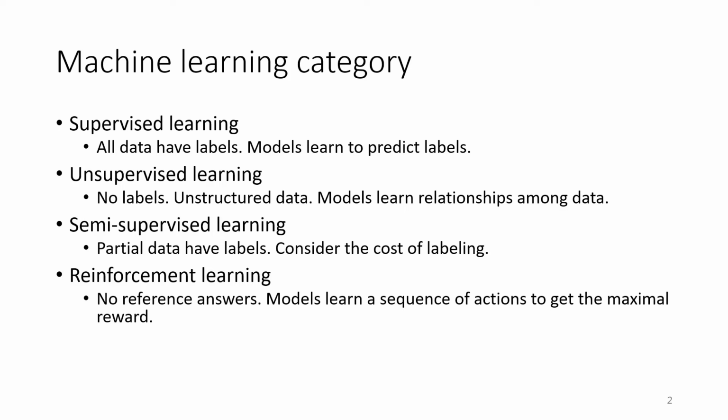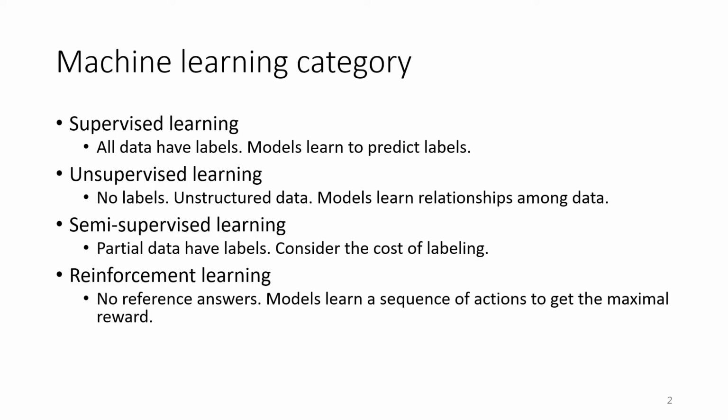Unsupervised learning means we have no labels. All we have is the data. For this type of problem, we usually want to cluster or categorize the data into different groups.